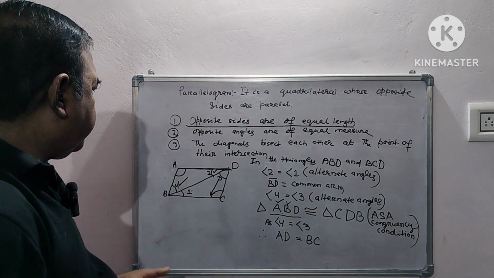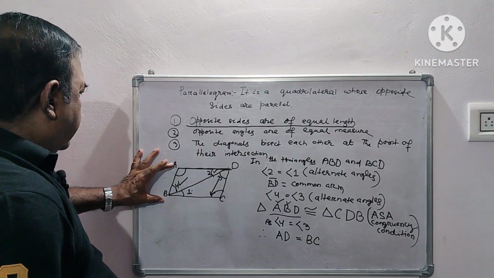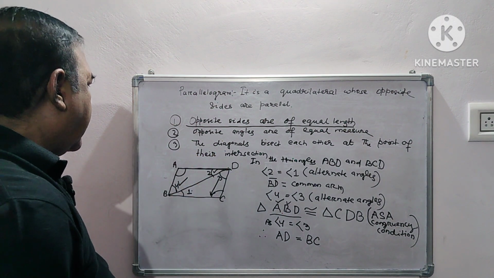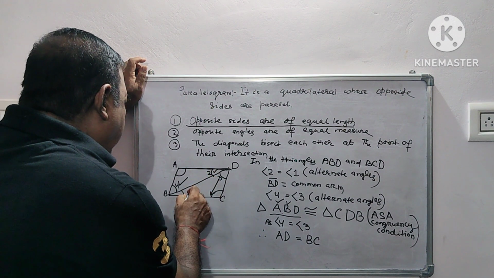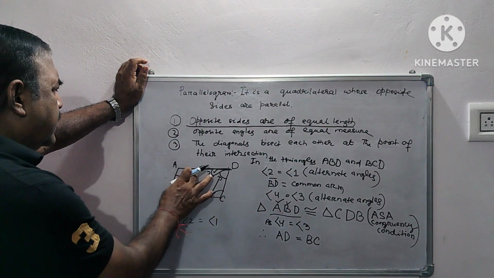So like that, we can also show here, you see, the length of AB is equal to the length of DC. How? You can see here, angle 2 is equal to angle 1 and both triangles are congruent.